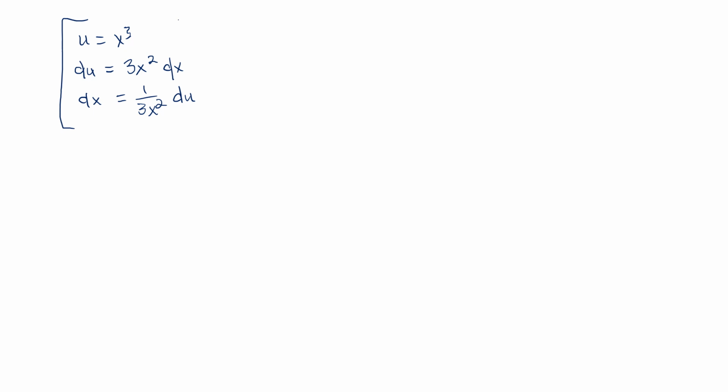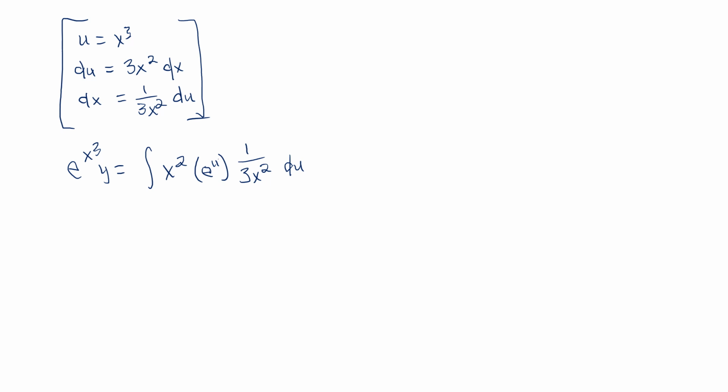So when we substitute that into the right side of our equation, we'll have e to the x cubed y equals the integral of x squared times e to the power u times 1 over 3x squared du.